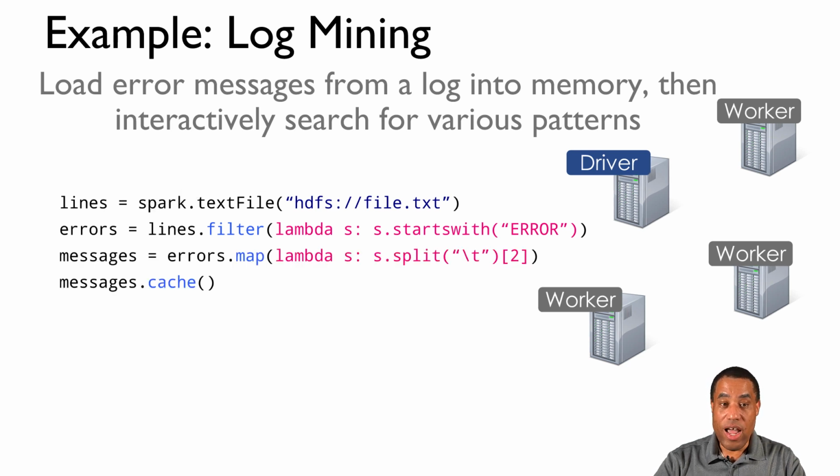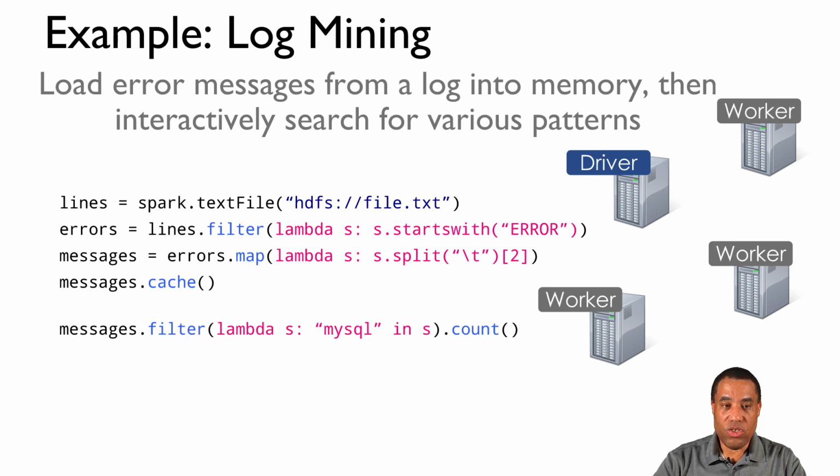Okay, next we're going to do a map. Again, another transformation. What we're going to do is split by text fields, and we're going to take the second one. And then we're going to cache the result of those messages.